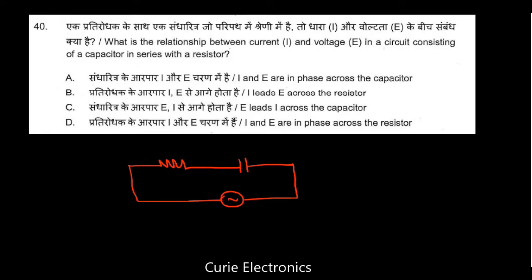But across the resistor, voltage and current are in phase. So the answer is option D. There is no phase difference across the resistor between the current and voltage.